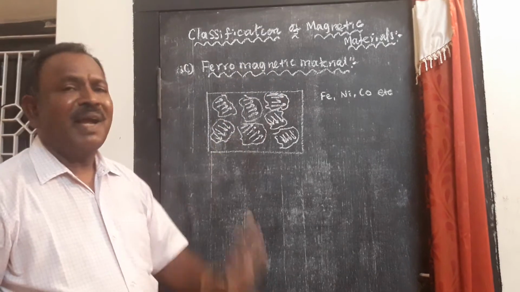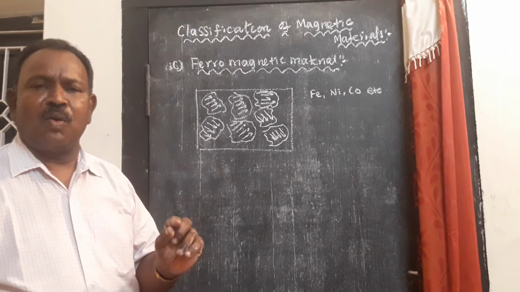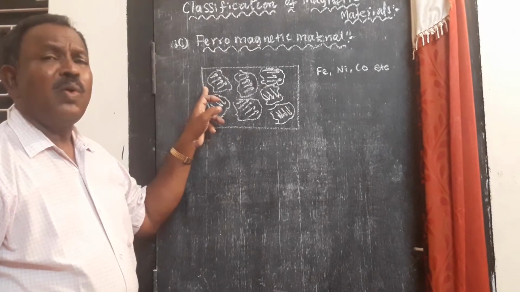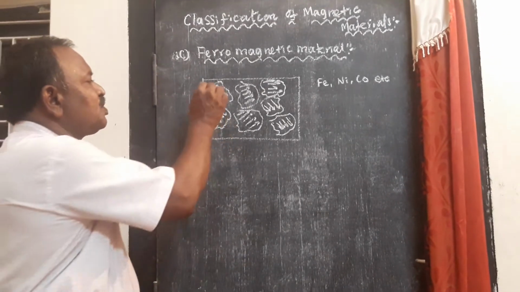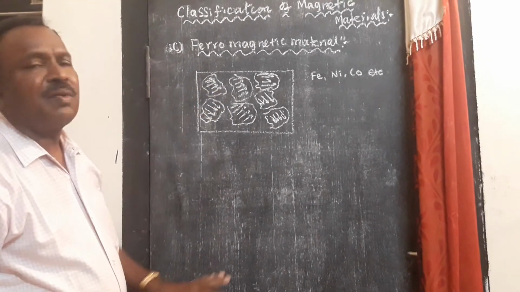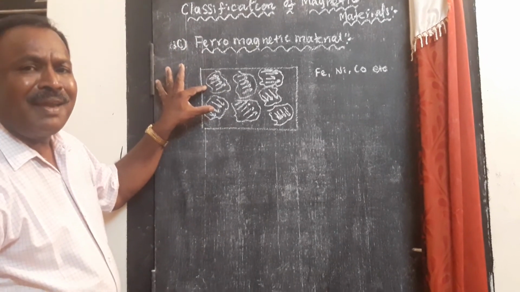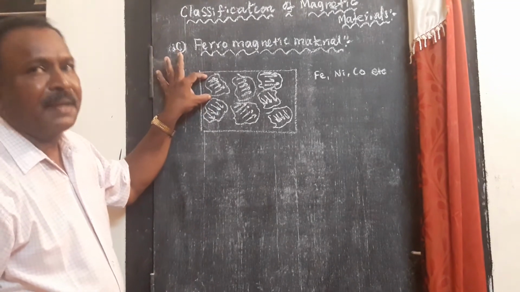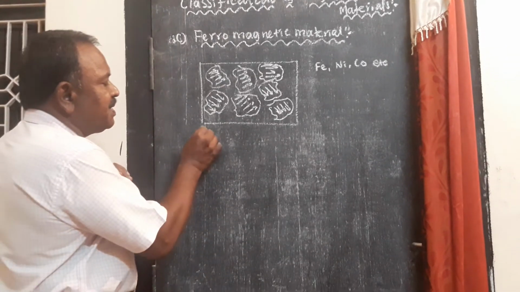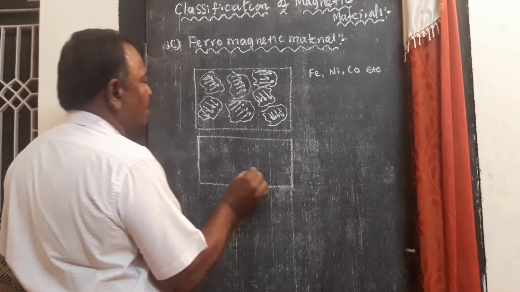When you consider a ferromagnetic material, inside it every atom or molecule will produce a resultant dipole moment. When you see the orientation of the dipole moments, up to a certain region all the dipole moments align themselves in a particular direction. This region is called a domain. When such a magnetic material is kept in an external magnetic field, what will happen?